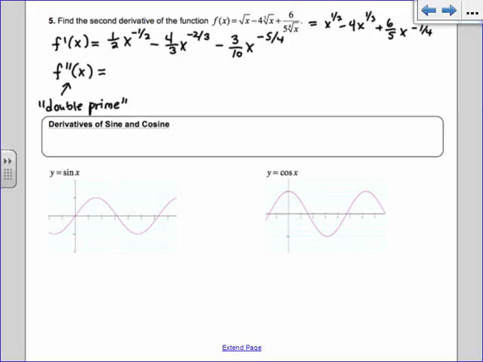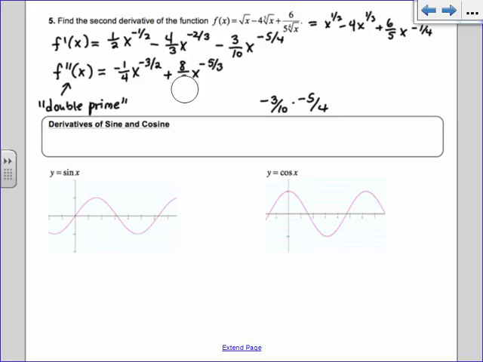The negative 1/2 multiplies by 1/2, so I get negative 1/4 x to the, subtract 1 from the power, negative 3 over 2. Plus negative 4 over 3 times negative 2 over 3 becomes 8 over 9 x to the negative 5 over 3. And then I have negative 3 over 10 times negative 5 over 4. There's going to be a little bit of reducing. I said 8 over 3 at first, but it's 8 over 9.